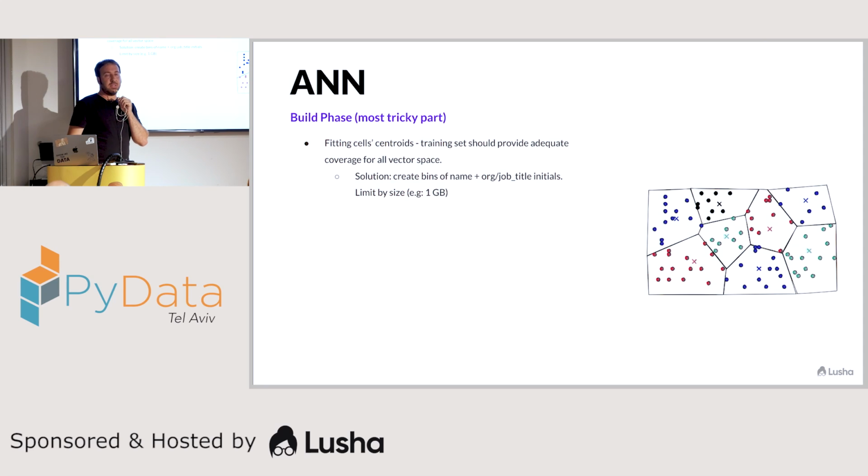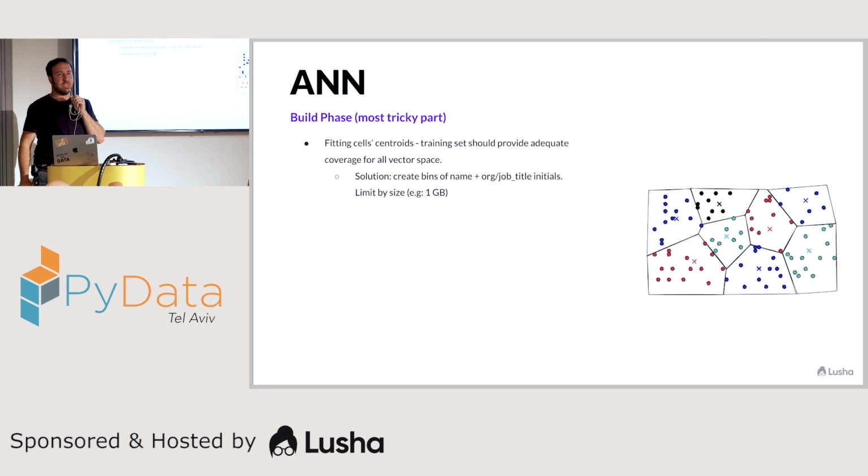So the first phase of doing the IVF is that we need to train, or fit, the space. We need to find the centroids of the cells, so later on we can pass the vectors of the records and it will assign them to those different cells. We said we need to reduce the search space, so we need to train it.